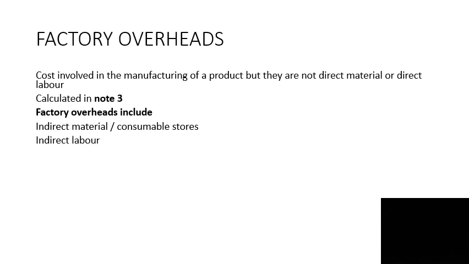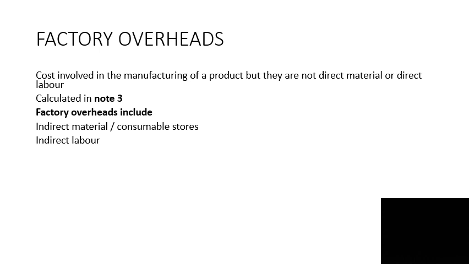Then we also add indirect labor. With indirect labor, we are referring to salaries or wages that are paid to workers who are not directly involved in the manufacturing of a product, like supervisors, factory cleaners.